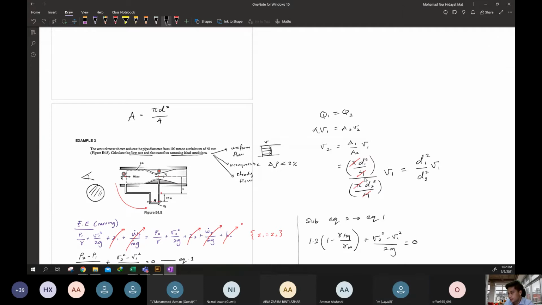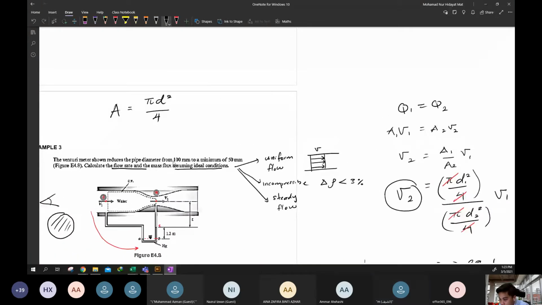Okay, so this is actually V_2. So V_2 is equal to d_1 over d_2 squared. So what is the d_1?